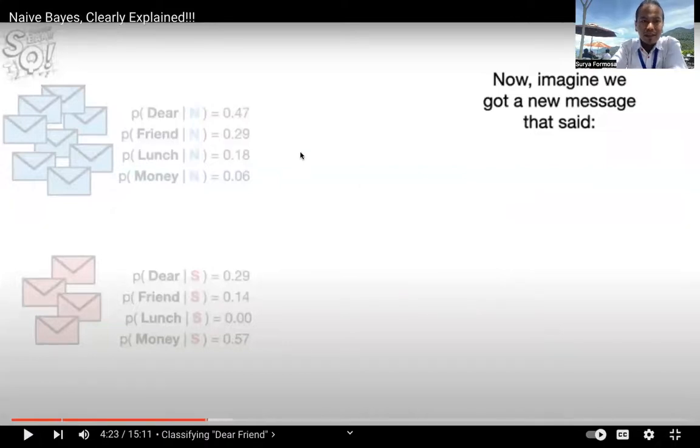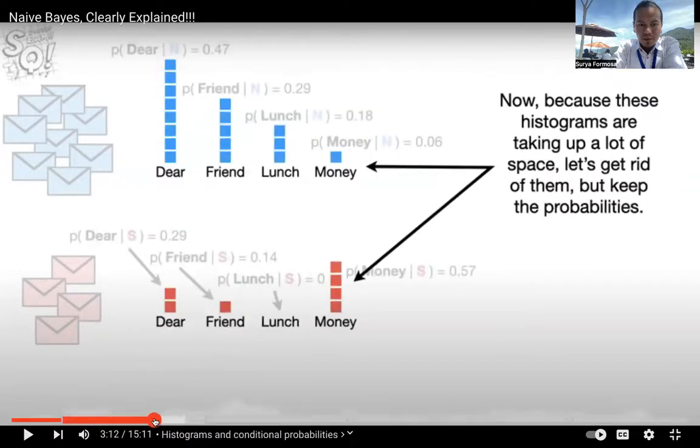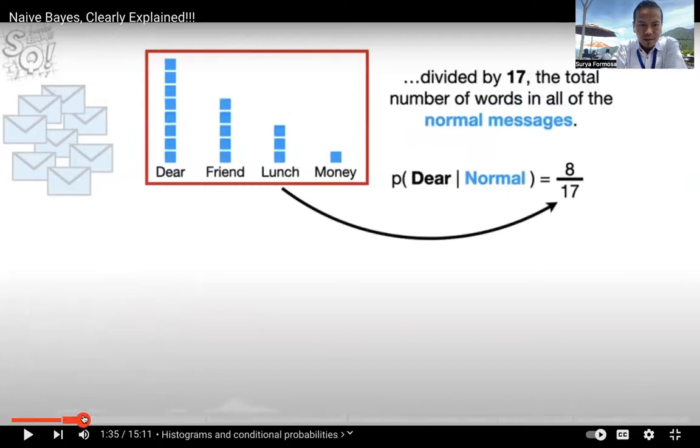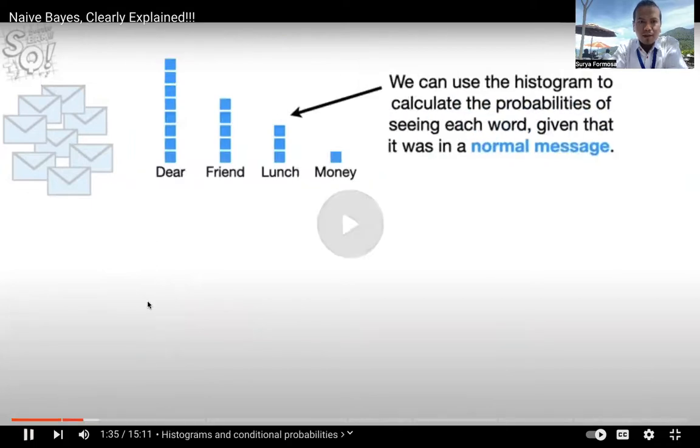Kalau kita lihat di sini, saya ulangi lagi ya. Misalnya, di dalam email-email tersebut pastinya ada kata-kata. Misalnya, email tersebut hanya ada 4 kata.